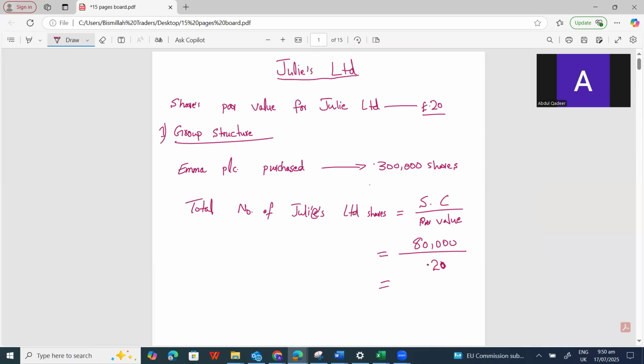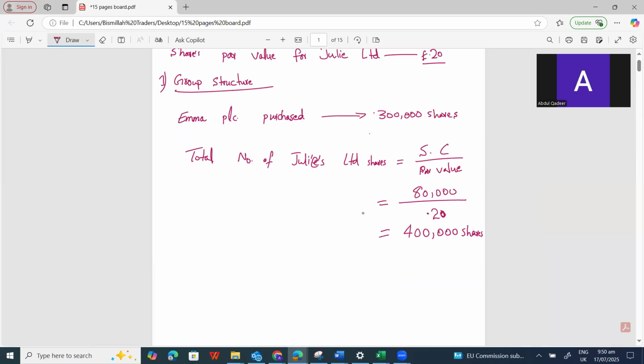When you divide, it will be 400,000 shares in total. So how much did Emma Public Limited purchase out of 400,000? 300,000 divided by 400,000 multiplied by 100 comes to 75%.